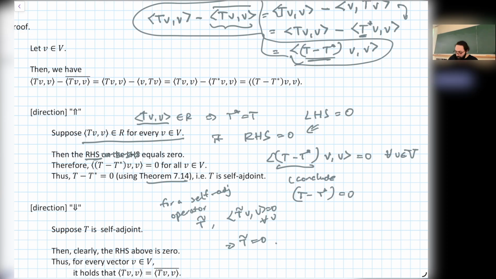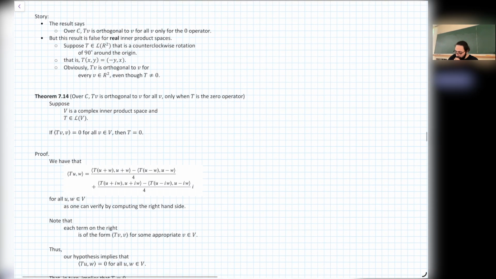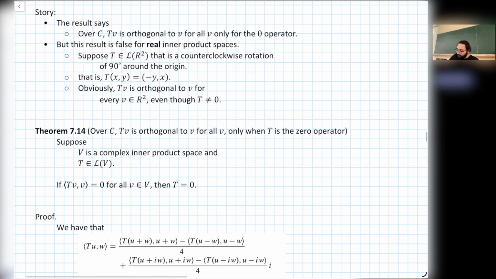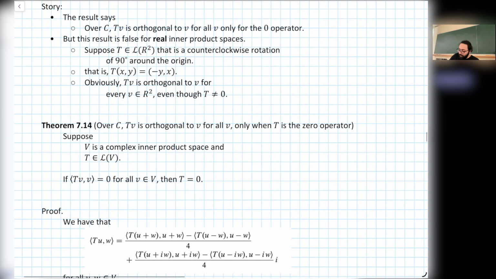Let's double check theorem 7.14. This is the theorem we just proved: if ⟨Tv, v⟩ is 0 for all v, then the operator T has to be 0.